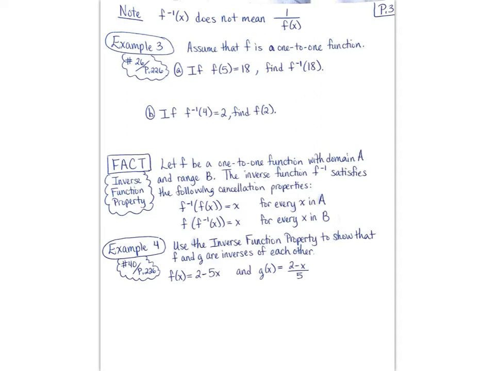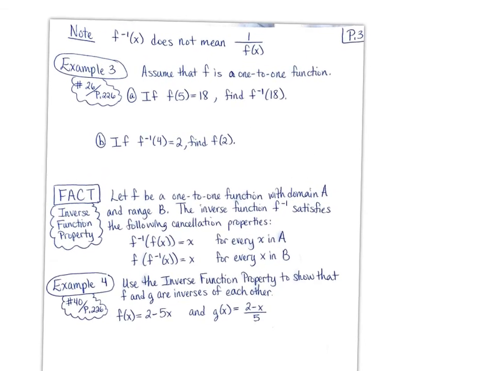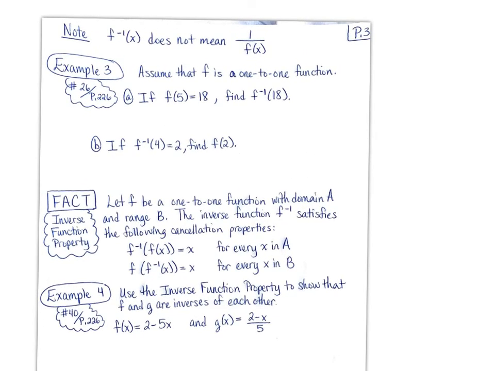Notation here: f inverse of x does not mean 1 over f of x. You may remember that x to the negative 1 is equal to 1 over x, but this is just a power function over here. This indicates you need to find the inverse of a function. It's different. Okay? Now we're going to assume that f is a 1 to 1 function.